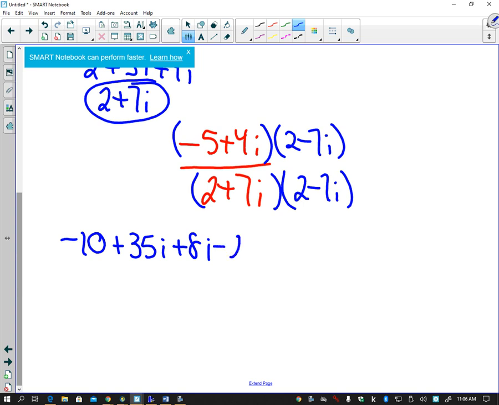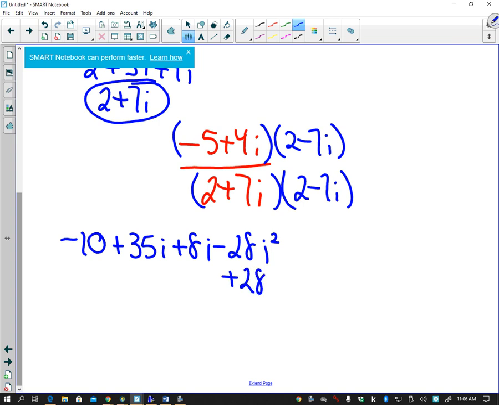So hold on before we're all done. What does that i squared become? Negative 1. i squared is negative 1. So I'm taking negative 28 times negative 1, which means this becomes positive 28.